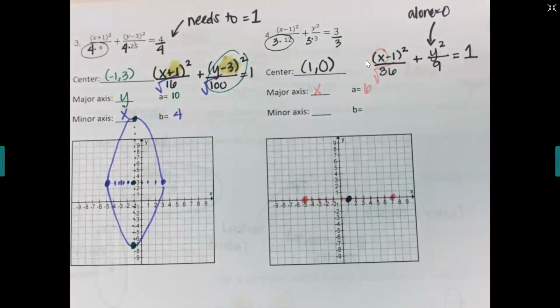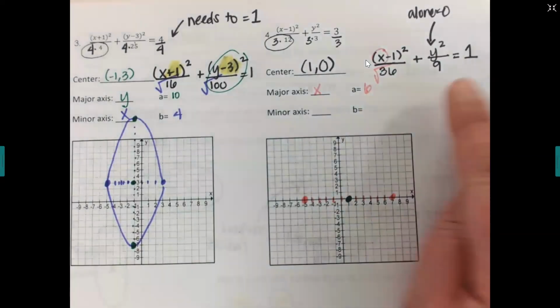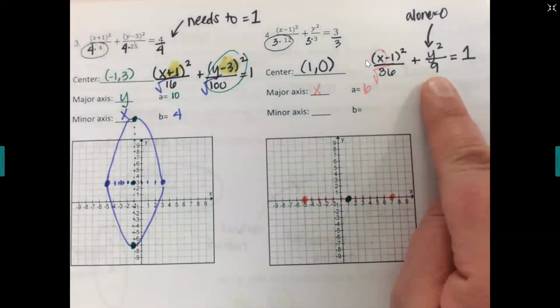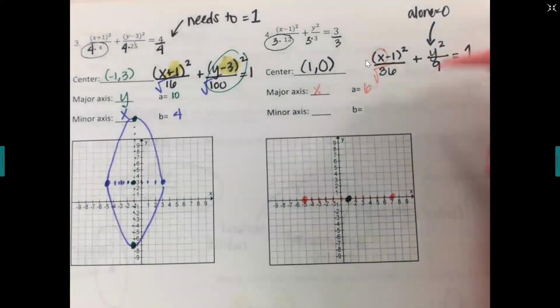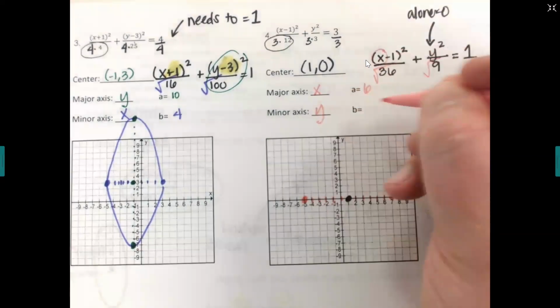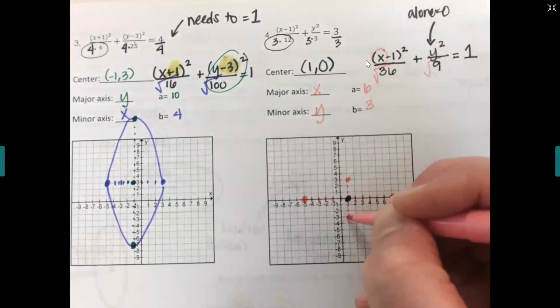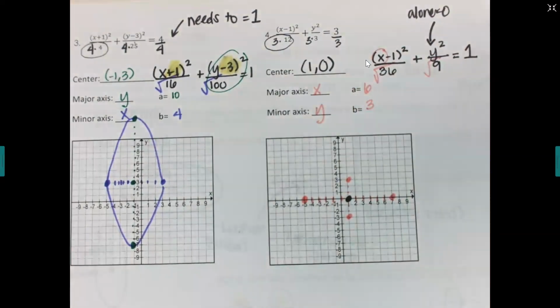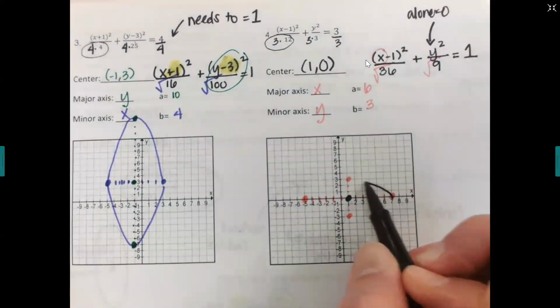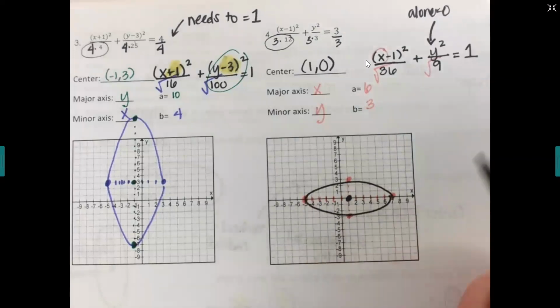And then for my minor, it's the smaller square root and it's matched up with the y, then I know that that's the one that goes this way. So then the square root of 9 gives me 3, and I know my y distance is 3. So then 3 here, 3 here.